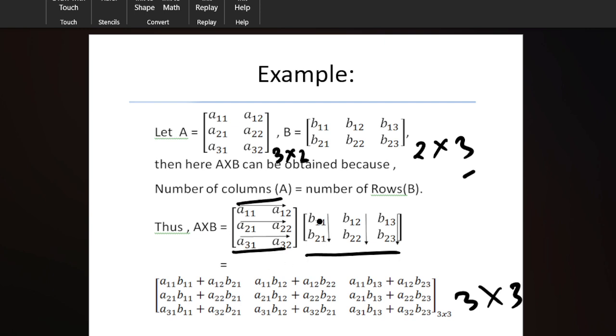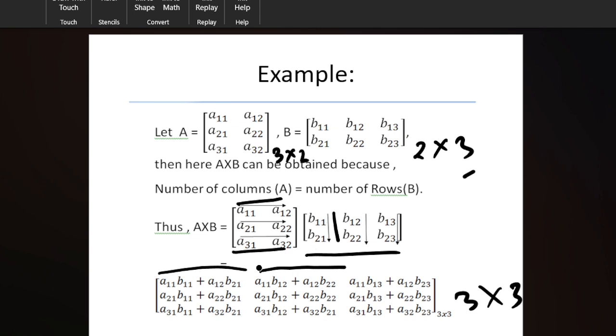So first row, first column gives the first element of the first row. The first row's first element is A11, and the first element of the first column is B11. So A11 into B11 plus A12 into B21. Now first row, second column: A11 into B12, then A12 into B22.